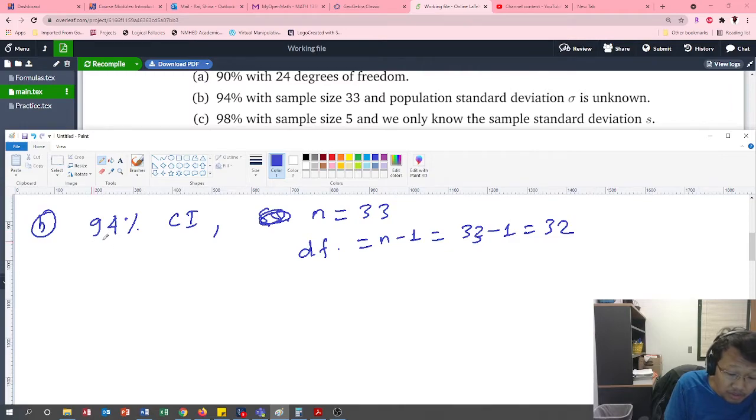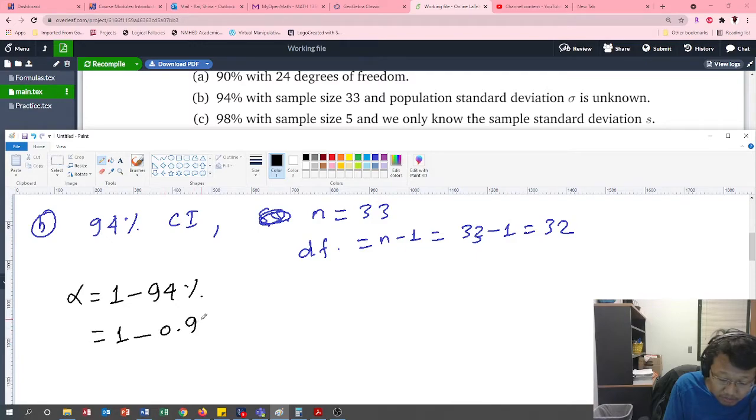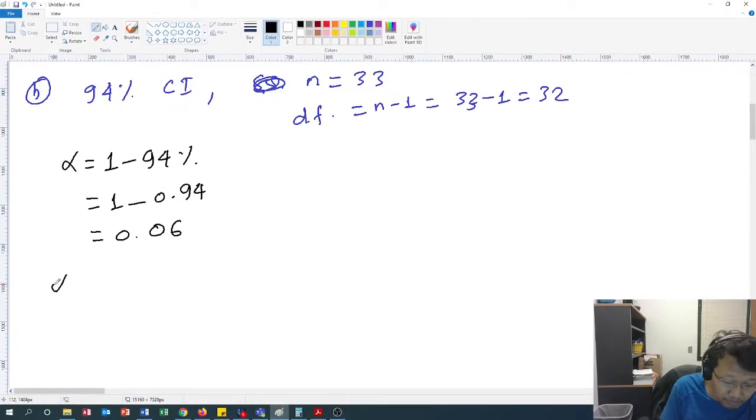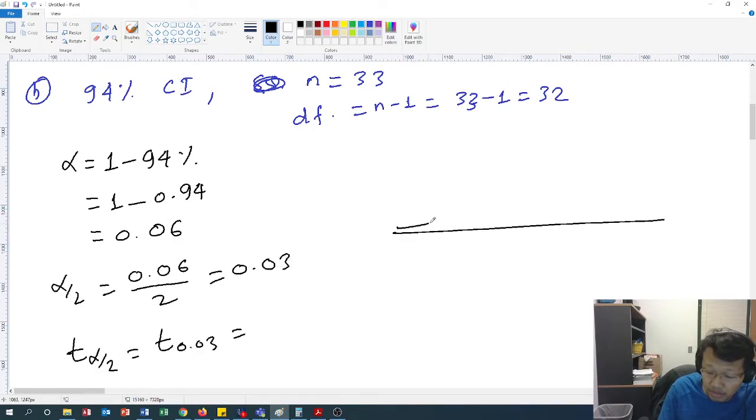Now 94% confidence interval means we need to figure out what is alpha. Alpha is 1 minus 94%, simply 1 minus 0.94, which is 0.06, that's 6%. Then alpha over 2 is 0.06 divided by 2, which equals 0.03. Again, the same thing. If you have this distribution, these two are the points where this 0.03 is the blue shaded portion.